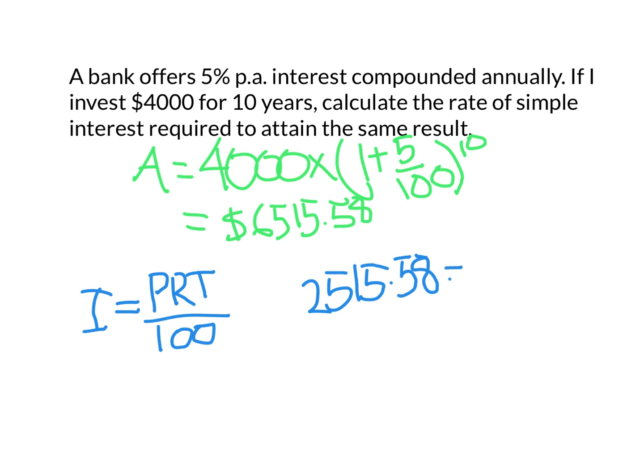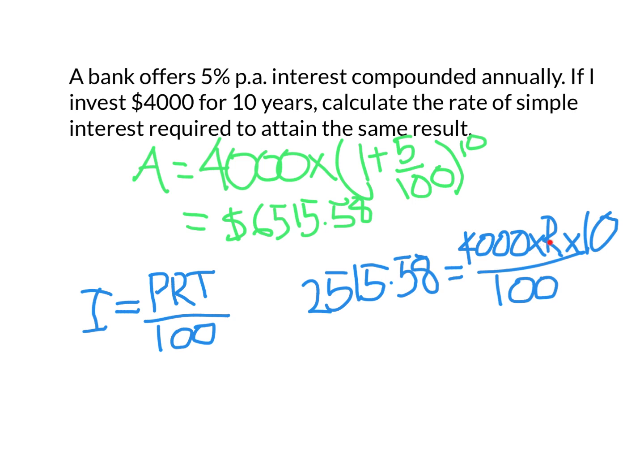We know the principal, that's just 4,000. That's just what we started with. What we want to do is find R. We know that T is 10 years, so we'll substitute in this. So here we have an equation that has just one variable, R. We can rearrange and solve for R. Let's undo everything that's been done to R. So the first thing I'm going to do is times each side by 100.